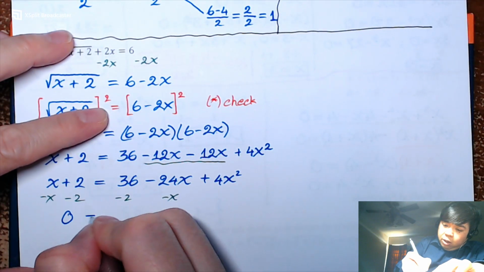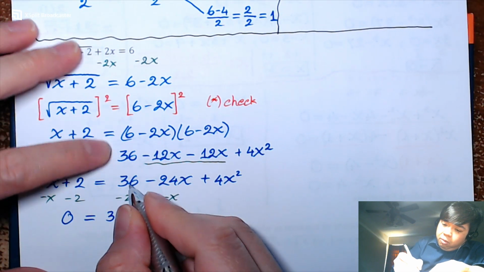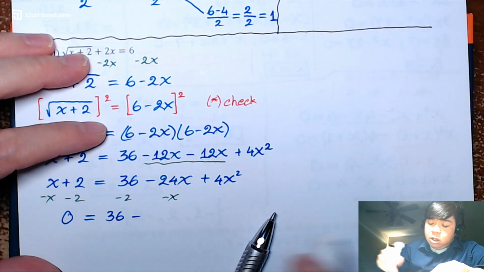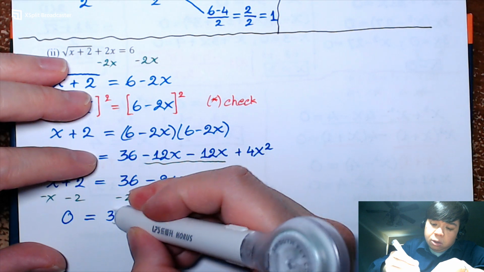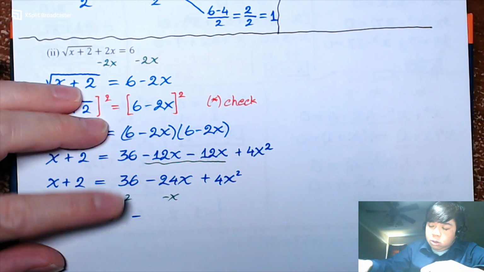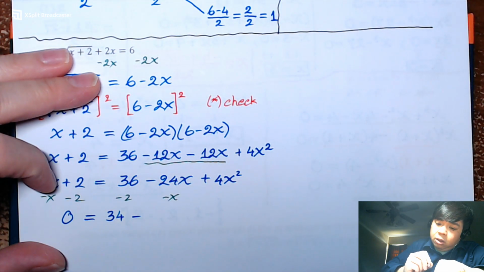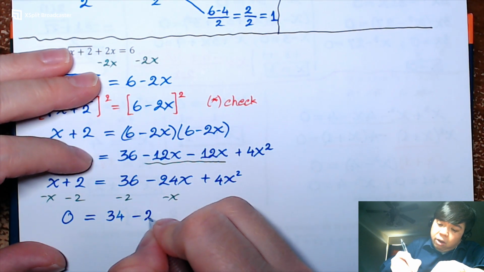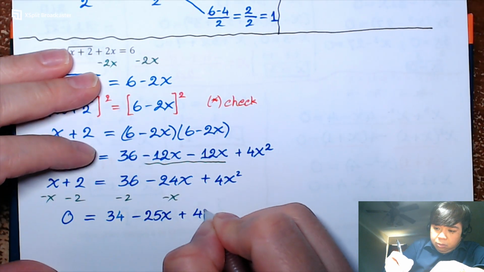So 0 equals 36 minus 2 is 34, minus 25x plus 4x squared.